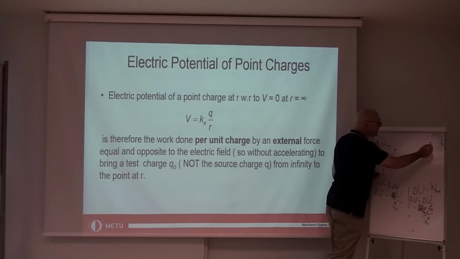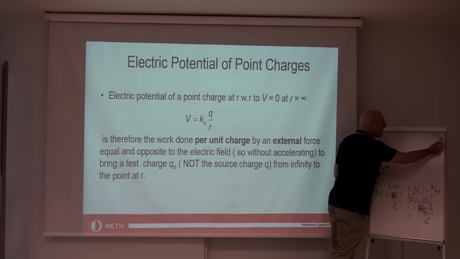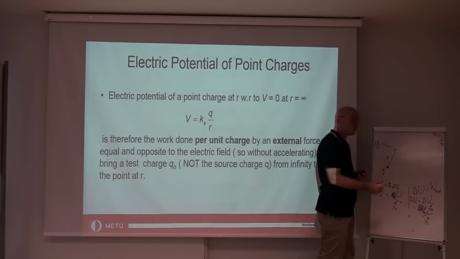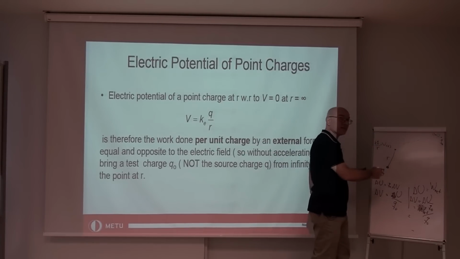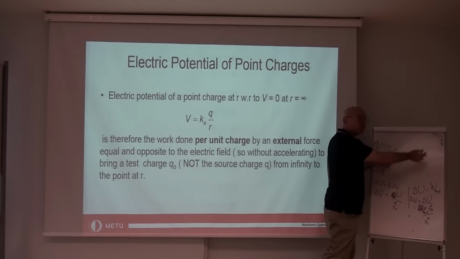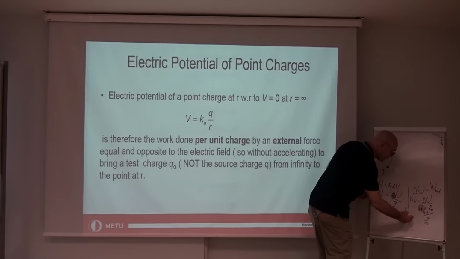So this is the work done by an external force to bring this test charge from infinity to this particular point. Now, delta V is V at R minus V at infinity. But V at infinity is 0, so delta V reduces to V. So V of R is this.